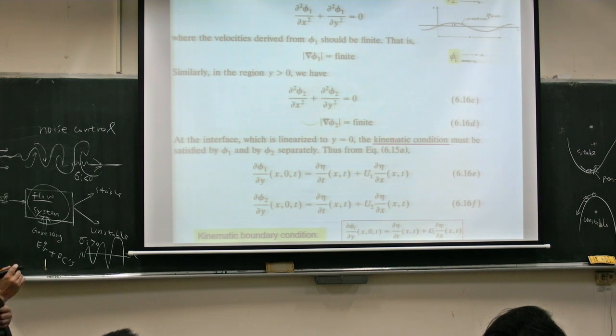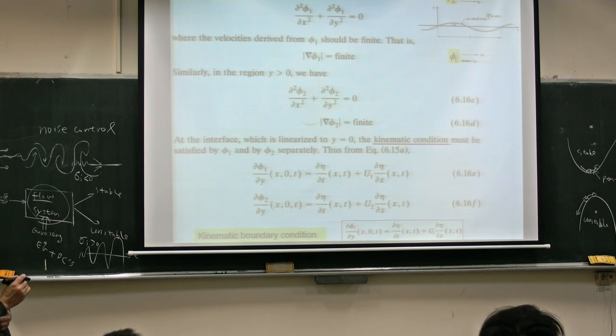And at the interface here, we have to satisfy the kinematic boundary condition. And this is the kinematic boundary condition for phi1. Partial phi1 partial y is equal to this, and this is u1. And partial phi2 partial y is equal to this, and this is u2. This is our previous kinematic boundary condition, right?